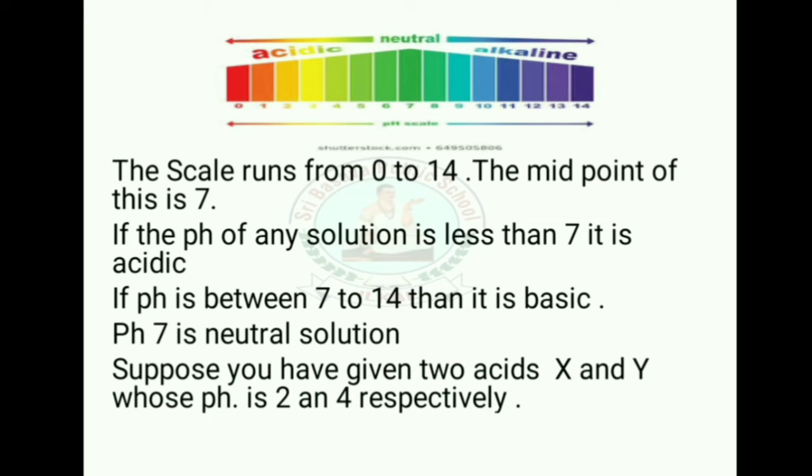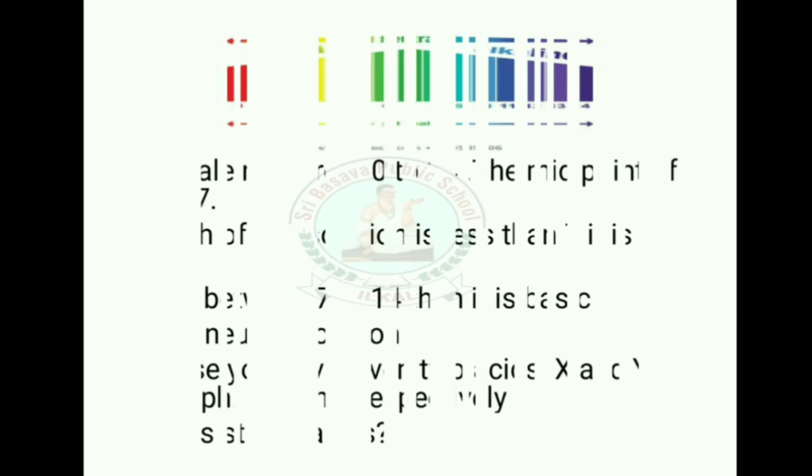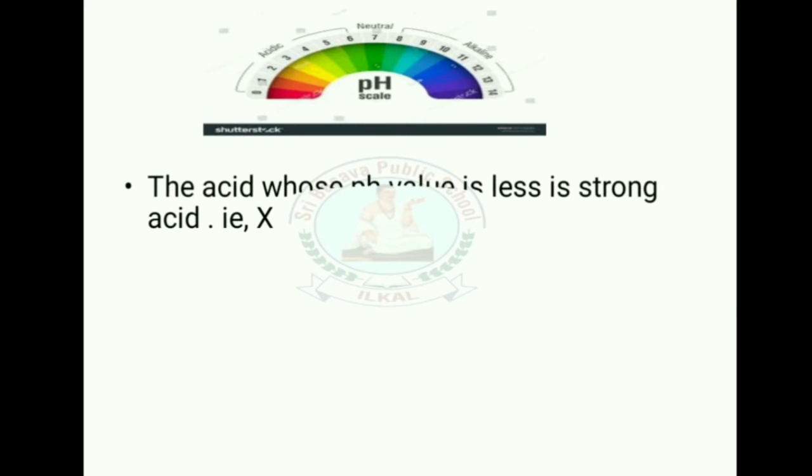Suppose we have two acids X and Y whose pH is 2 and 4 respectively. Can you say which is the strong acid? Yes, that is X, because in the pH scale, the acid whose pH value is less is very strong.